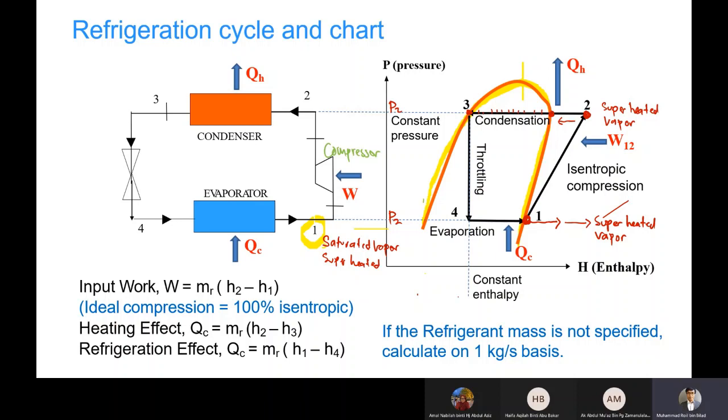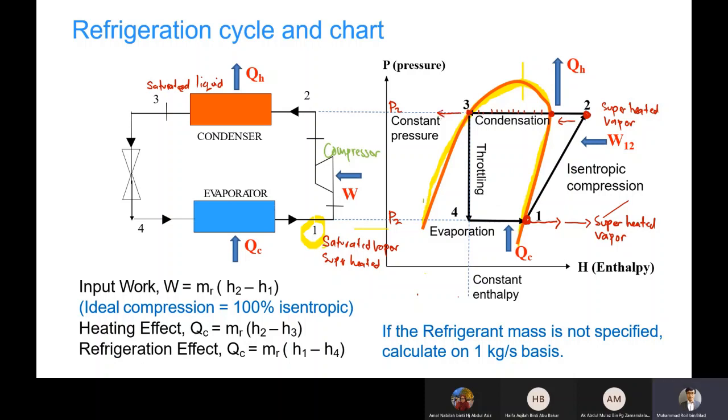So this typical condition is saturated liquid, when 100% is liquid. But you can actually bring it more to the right side.